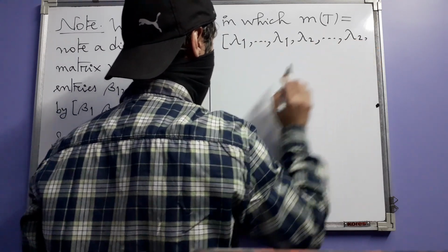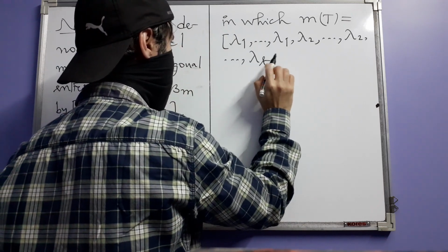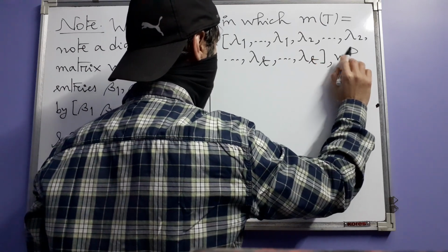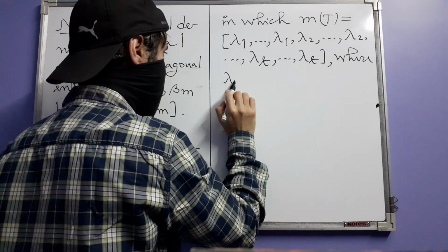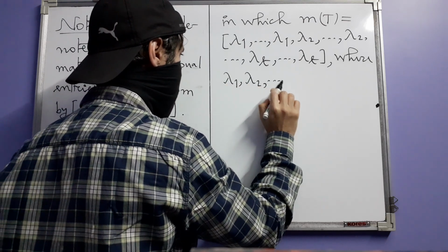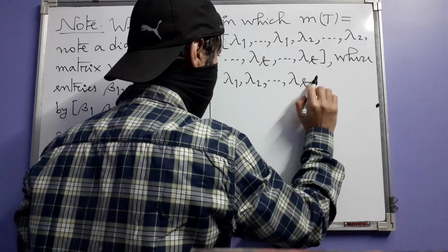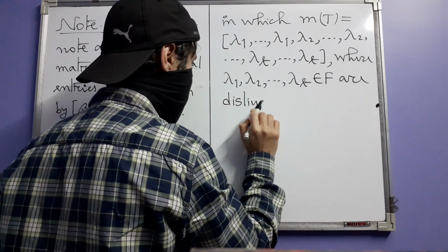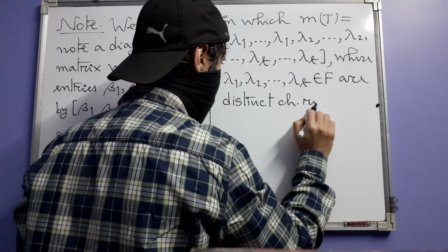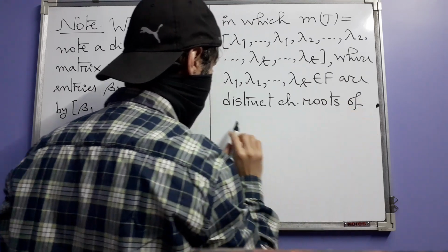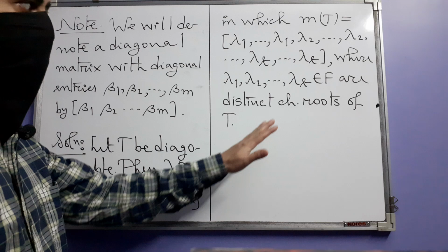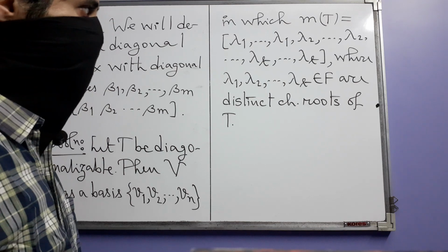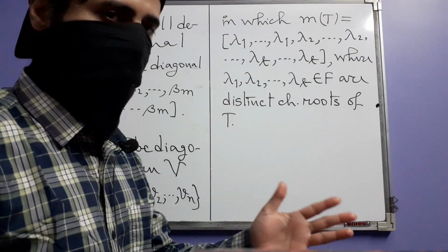Lambda 1, lambda 2, up to lambda t, where these in F are distinct characteristic roots of T. Remember the condition that T has all its characteristic roots in the underlying field F. However, characteristic roots may not all be distinct.